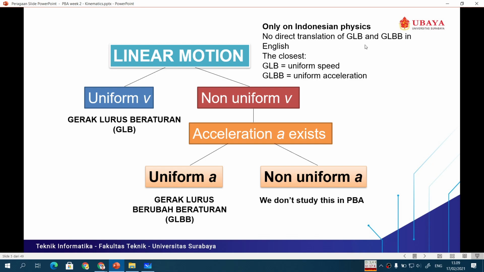In English, I think we don't have a direct translation of GLB and GLBB, so I will use the Indonesian terms GLB and GLBB instead. The closest terms I can find are that GLB is uniform speed and GLBB is uniform acceleration. For today's class, we will only talk about GLB, so I think this topic is easy for you.